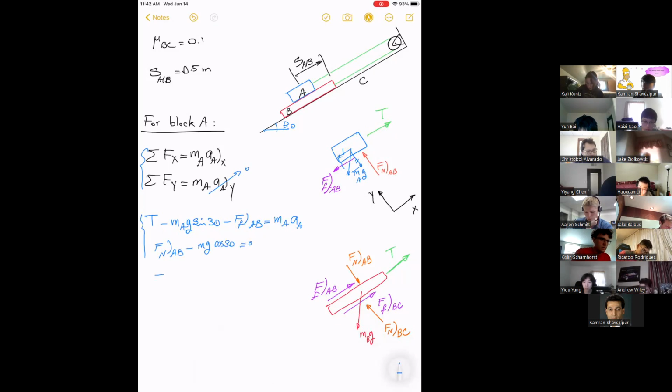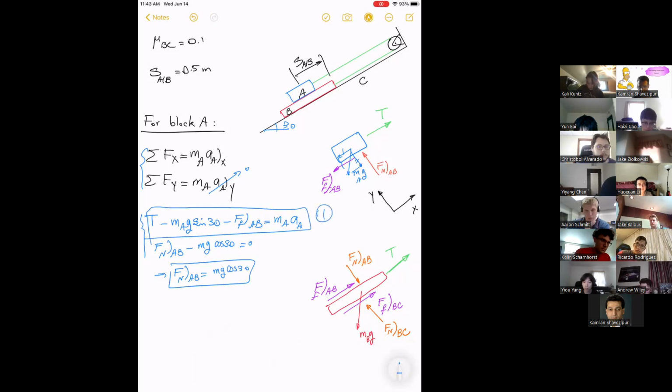And this is going to give you Fn AB is equal to mg cosine 30. I'm going to call this equation 1, okay?